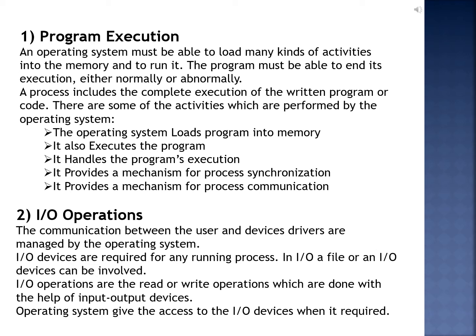A process includes the complete execution of the written program or code. Some of the activities performed by the operating system are: it loads the program into memory, it executes the program, it handles the program's execution, and provides a mechanism for process synchronization as well as process communication. The next one is input-output operations. The communication between the user and device drivers is managed by the operating system.